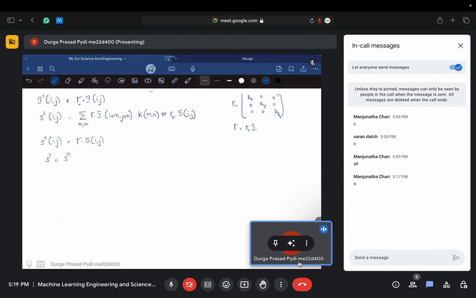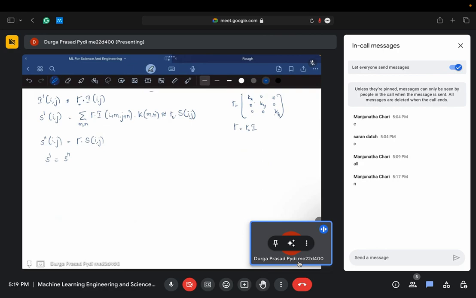I can bring gamma out of this summation only in that scenario when this is equal to a constant throughout the image. It's like basically I have taken an image and scaled every intensity in every pixel, so all the intensities are scaled by the same factor. If you apply the convolution operation, you are going to get a different answer, but the different answer will still be linearly proportional to the previous one that you get without scaling.